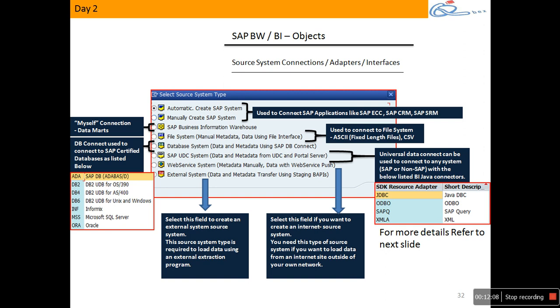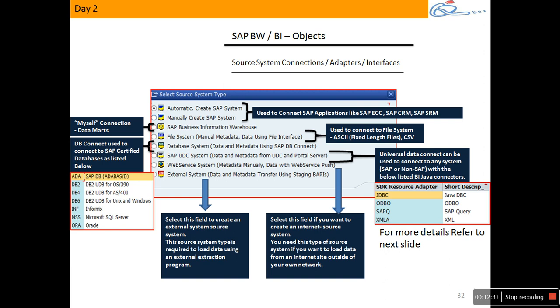And then external systems with BAPI. Let's say there could be a case where I have some system which I'm not able to connect because of some issues. What I can do is use a third party ETL tool like Informatica or BODS. Connect the source system to BODS, and BODS will be connected to BW. Or connect the source system to Informatica, and Informatica will be pushing data into BW.